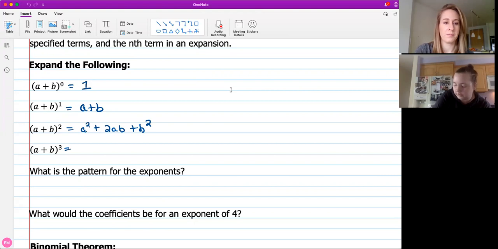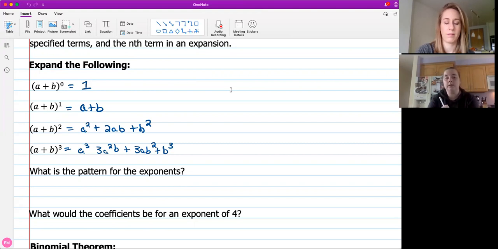And then this one is a to the third plus 3a squared b plus 3ab squared plus b to the third. Remember that when you square binomials, it's not just a squared plus b squared. And same with the third one, it's not just a cubed plus b cubed. You actually have to multiply them out.